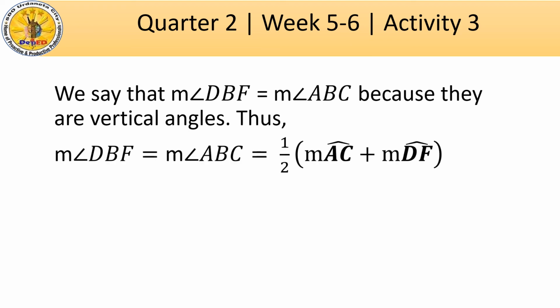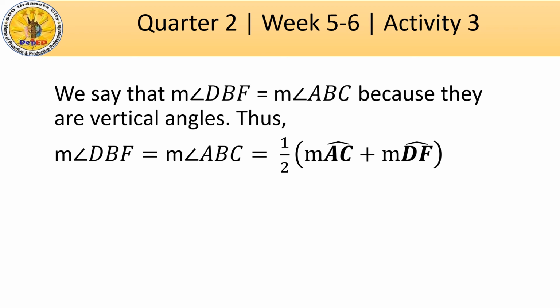So thus, using your theorem B, the measure of the angle formed by two secants intersecting in the interior of a circle is 1/2 the sum of the measure of the intercepted arcs by the angle and its vertical angle.